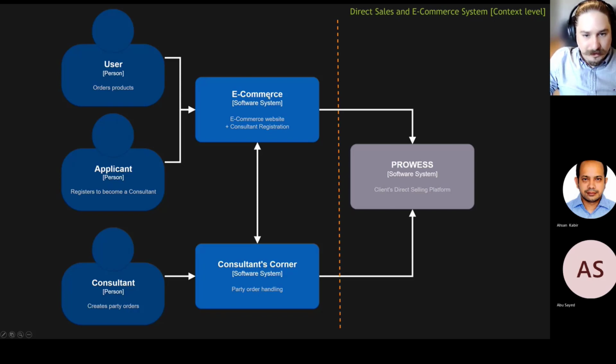We have the e-commerce system, which is the customer-facing software. And we have the consultants corner, which is for consultants. And both of them are communicating with Pravas. Most of the time they are sending orders that are placed by consultants or users from e-commerce. Okay, that's the first one.